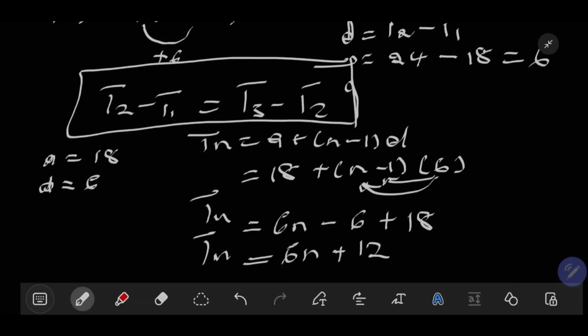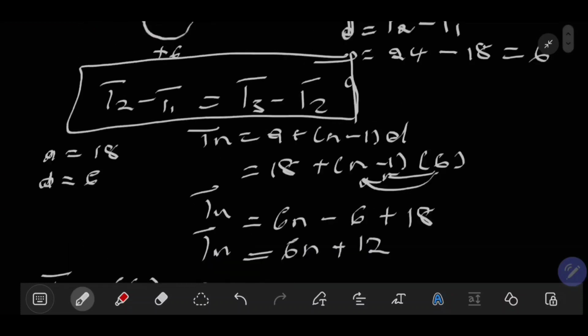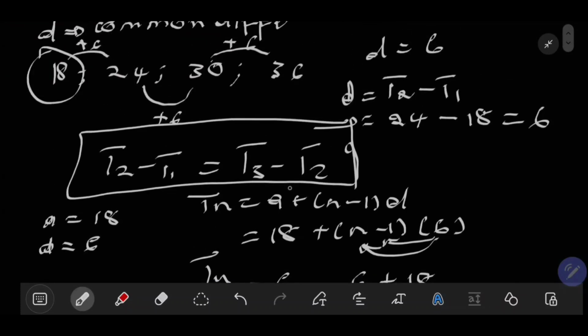To check whether this general rule works, we can try to find T1. Where we see n, we substitute 1. Then 6 plus 12 gives us 18, and we can see that the first term is 18.